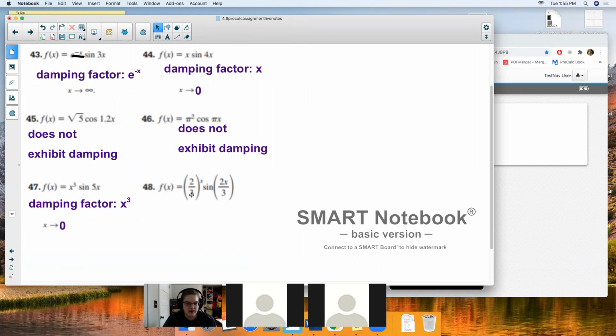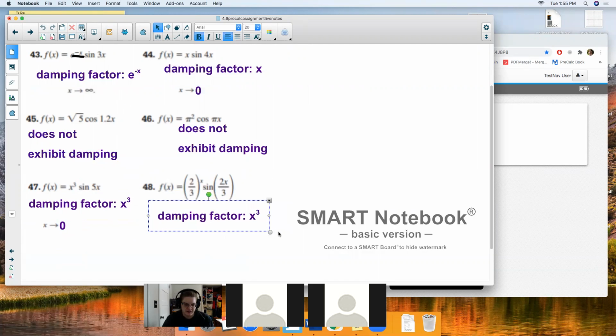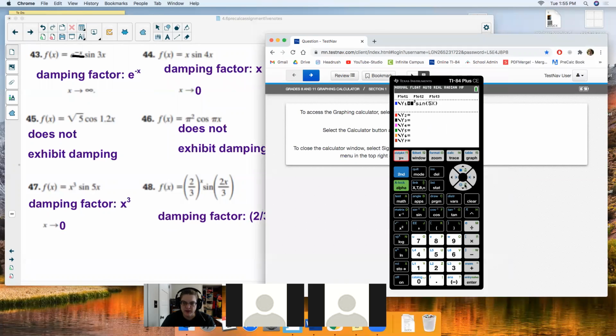And then this one here, it looks like it might be a number times it, but it's a number to the x. So it's an exponential equation. So it does have a damping factor, and that damping factor is 2/3 to the x. If we look at our visual, we've got 2/3 to the x multiplied by sine of 2x over 3.